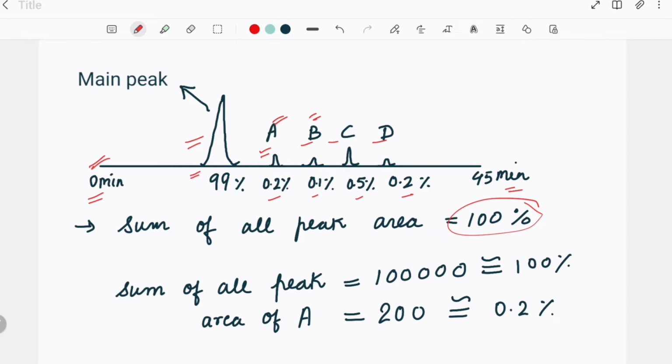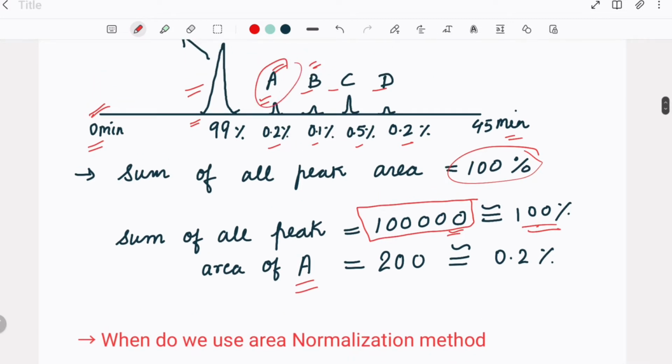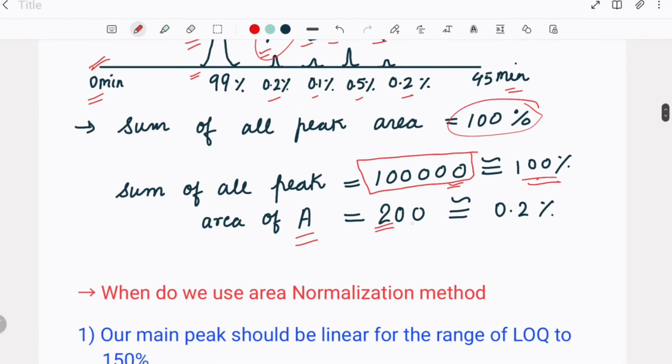Now how are we calculating it? Suppose we have assumed that the sum of all the peaks is 100%, and we have also assumed that the sum of the peak areas is 1 lakh, and we know that the area of this A peak is 200. Now how will we calculate its percentage?